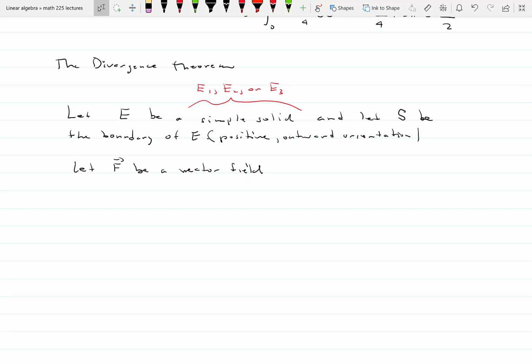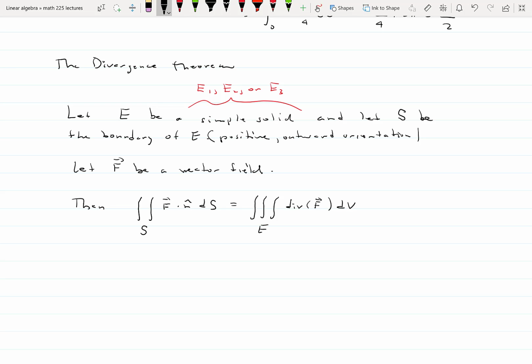So the divergence theorem says the flux of F over the surface, the information that you get by integrating over the surface, is the same thing as gathering this information, the triple integral of the divergence over the interior.